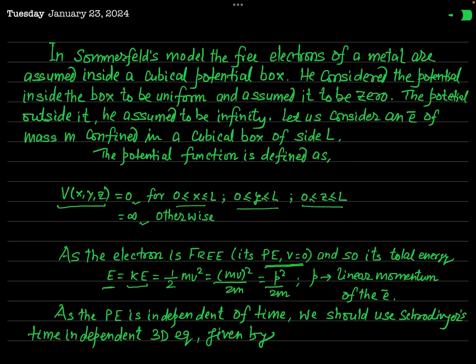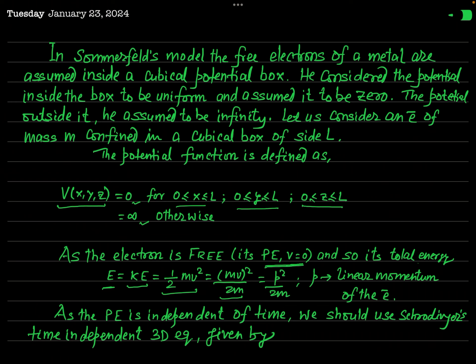So E is equal to KE, and you know, for non-relativistic motion, here the electron inside the box is also considered in non-relativistic motion. When you say non-relativistic motion, that means motion at a speed much smaller than light. And you know, if the motion is non-relativistic, then the expression for kinetic energy is half mv squared. Okay, and you can write this expression as (mv) whole squared over 2m.